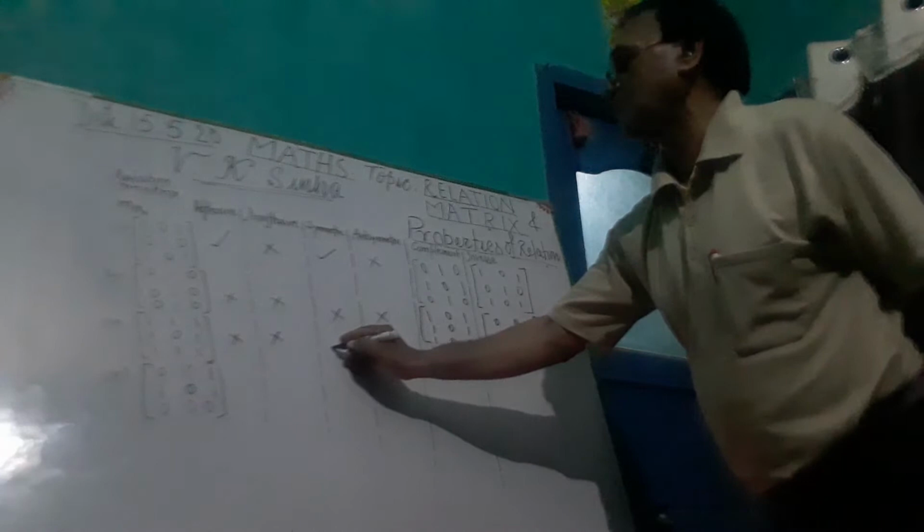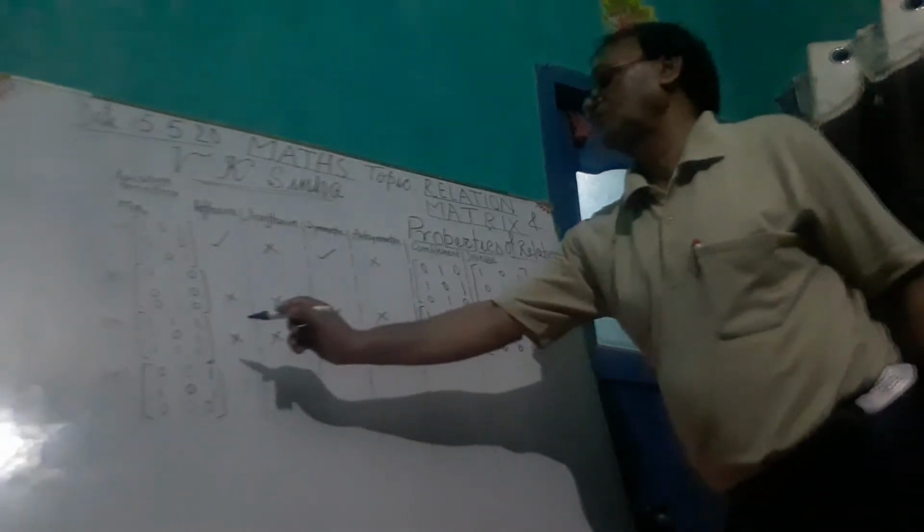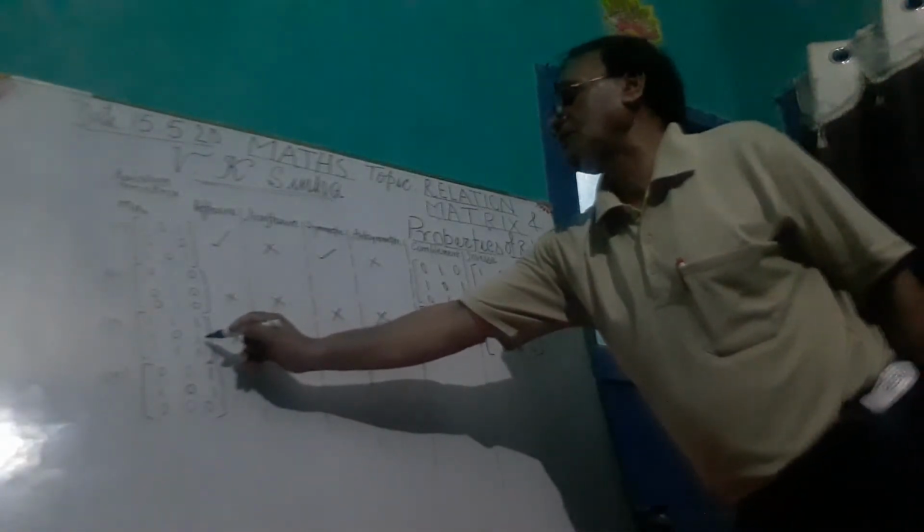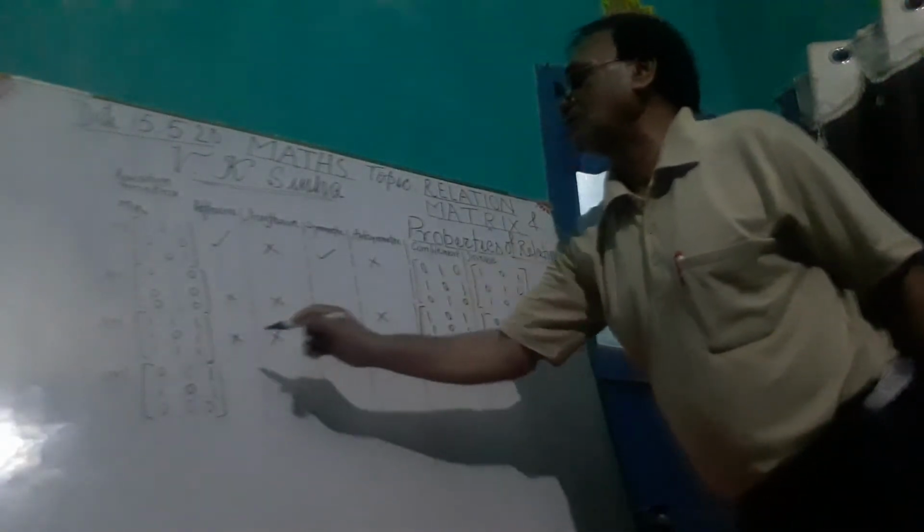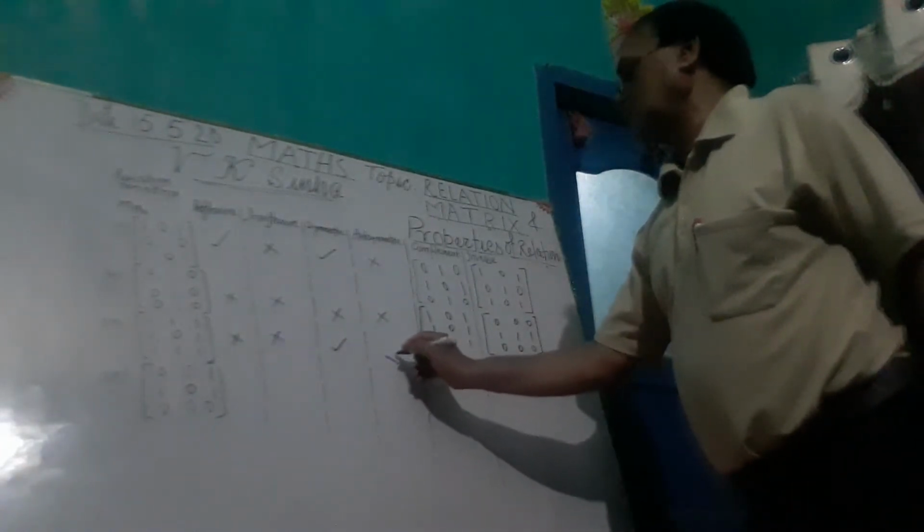Clearly the transpose of this matrix is the same as this, so this is symmetric. And antisymmetric: the image of 1 diagonally is not equal to 0, so this is not antisymmetric.